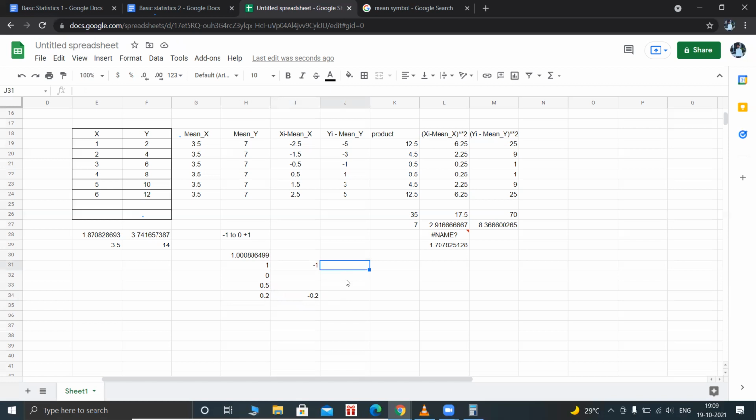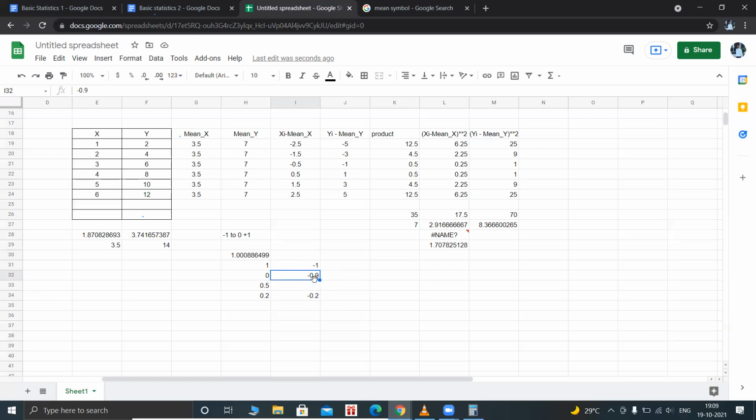Now you got the idea of the correlation values and how the correlation works within the data. So if it is even minus 0.9, we can think it is strongly negatively correlated, because minus 0.9 is very near to minus 1, right?